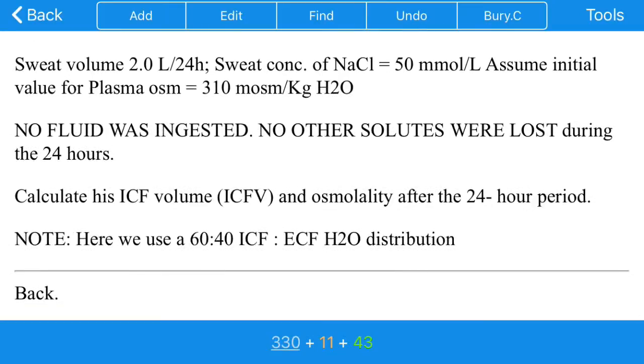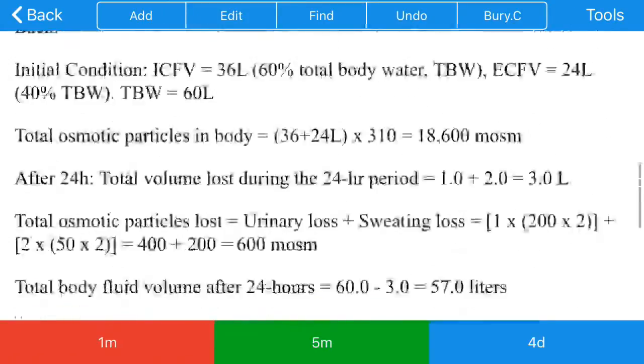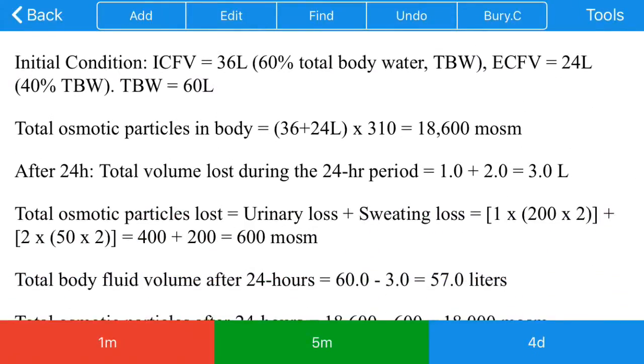Well, you know what? I am lost. So we're going to find out how they calculated that. Okay, initial 60% intracellular fraction. So, how did I do that? All right, so 60 kilograms, and then 1/3 would be intracellular.